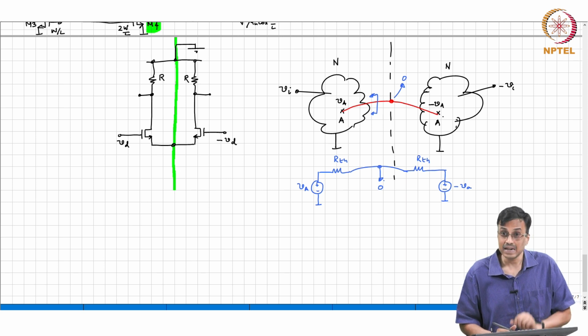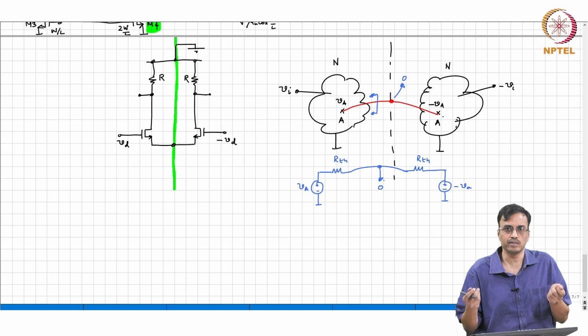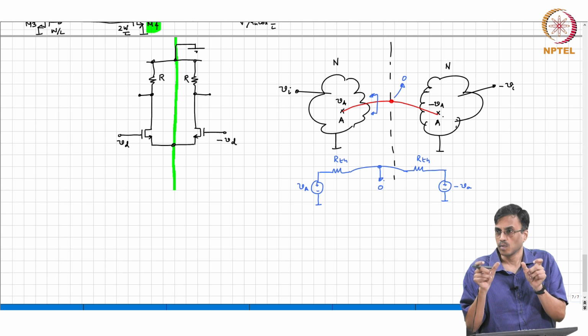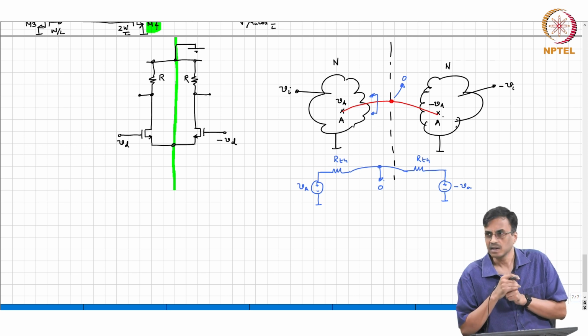So, it is not merely enough if simply the polarities of the two voltages are equal and opposite, right. The polarities are opposite and the magnitudes are equal. It is also important that both the Thevenin impedances are exactly the same. You understand?